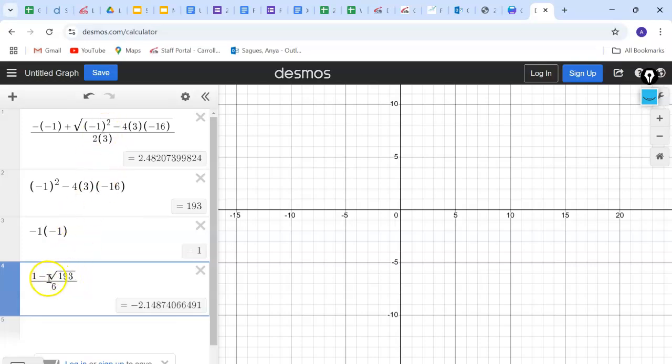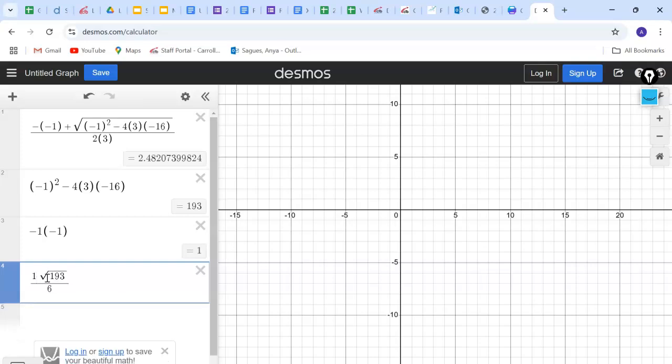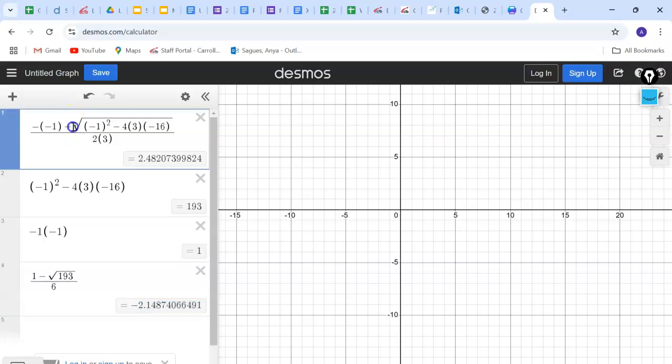So my answer is either 1 minus square root of 193 over 6 or 1 plus square root of 193 over 6. If I am trying to do it without decimals, this would be what my answers look like. Switching out plus or minus for either of my two answers. Or if you wanted to make it the decimal answer, depending on the problem it is, you could just leave this.